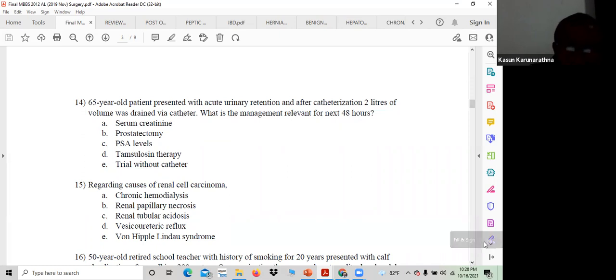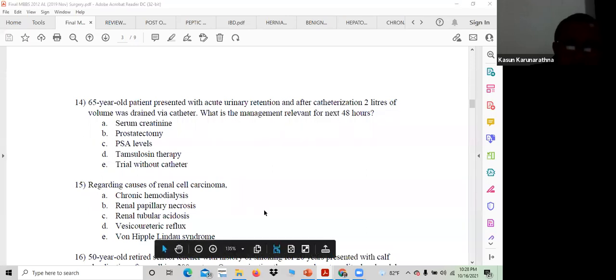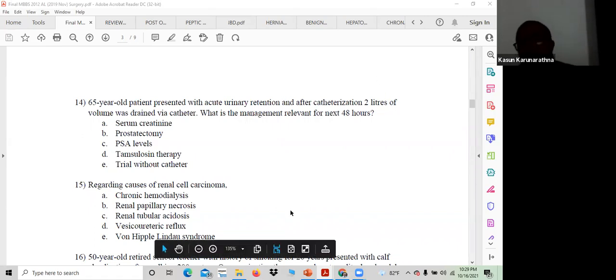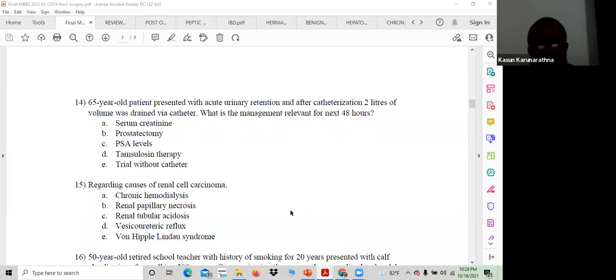palpable, painful bladder. So is this acute or chronic? This is an acute retention, but the volume is a bit larger, no? In the history they say acute retention, but usually this much volume you expect in chronic retention, though rarely you can get large volumes.